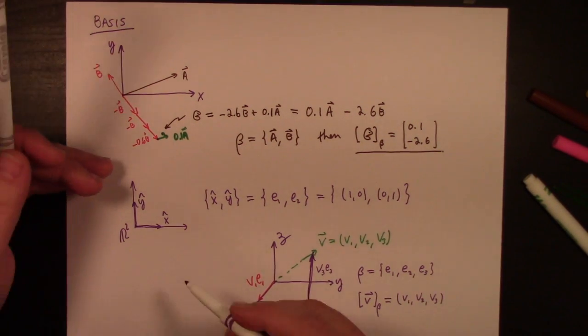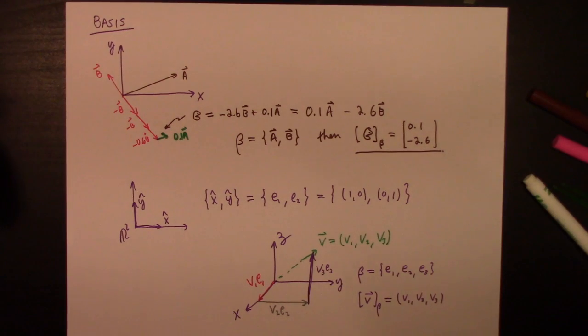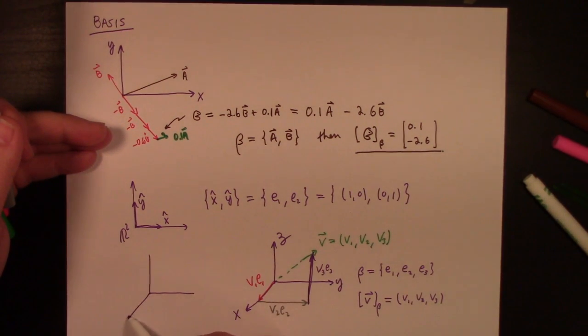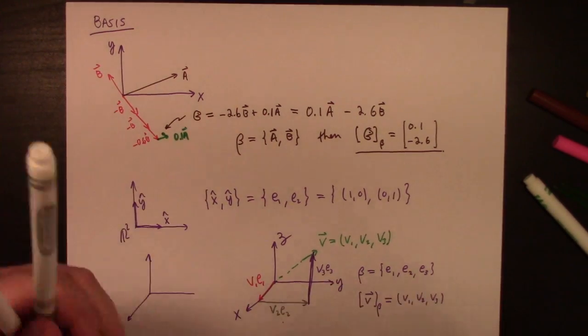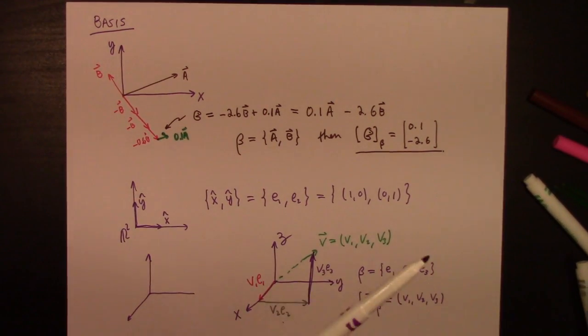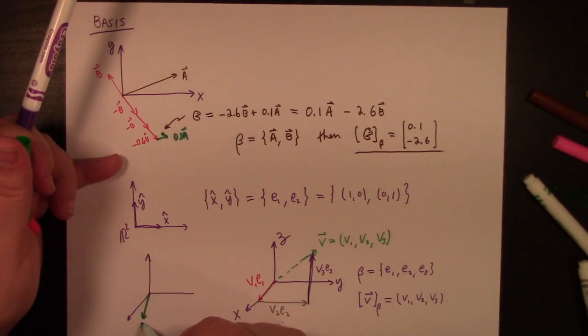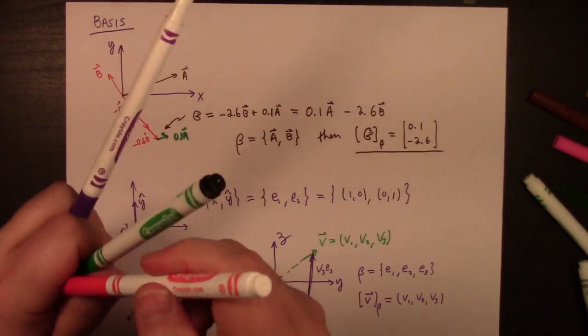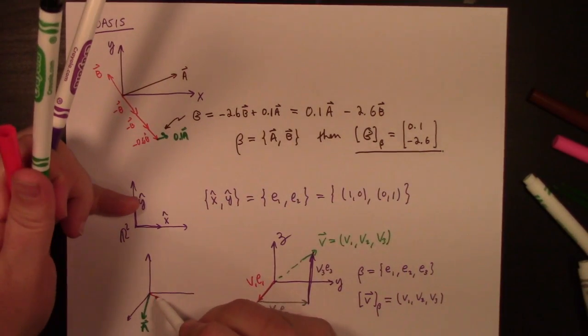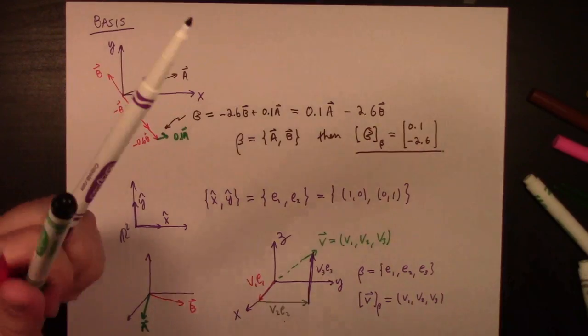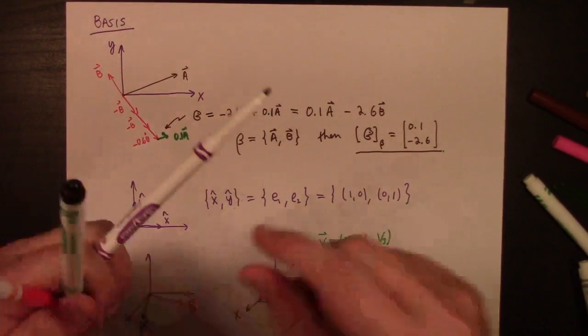At the risk of making this too cluttered, you could have your basis vectors be something like this. I could take this to be A, this one to be B, perhaps, and then my C could be something weird.